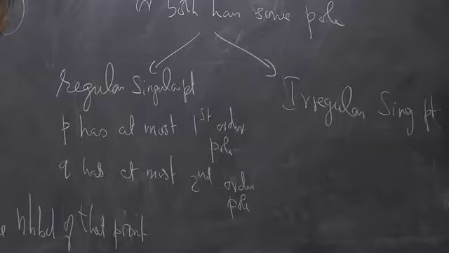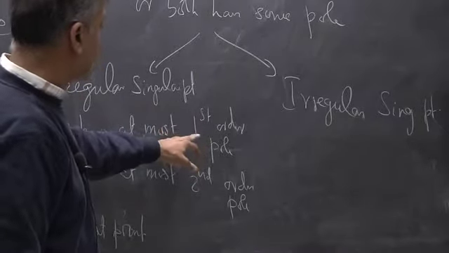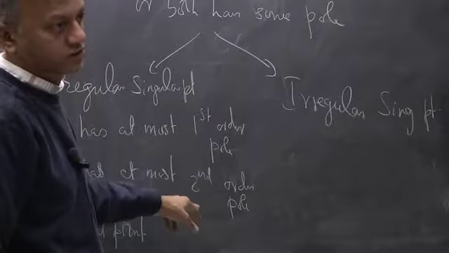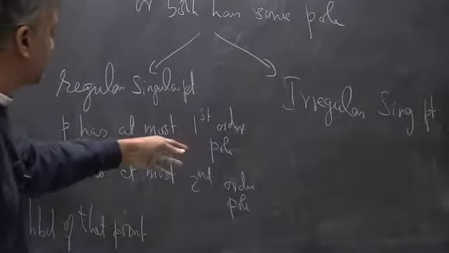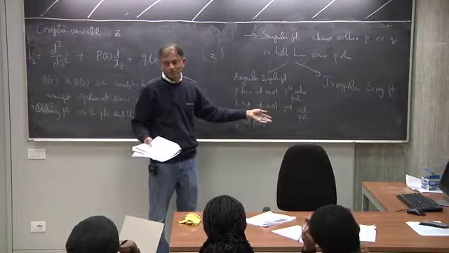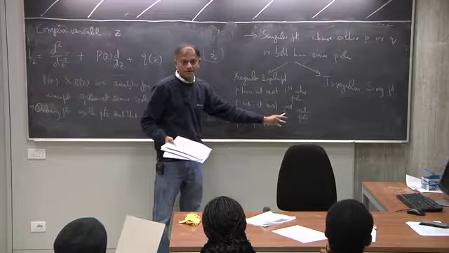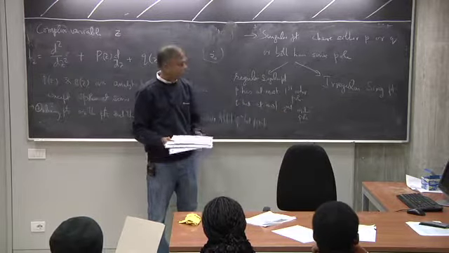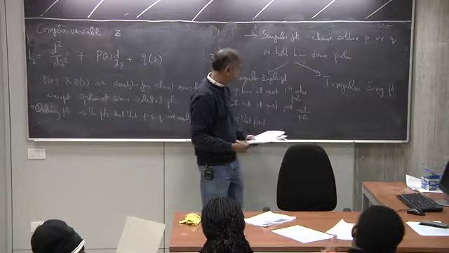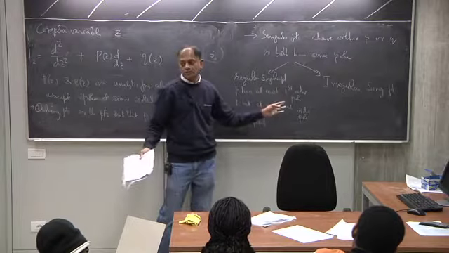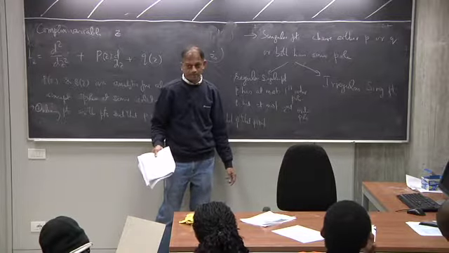Any point which satisfies this condition, that p has at most a first order pole and q has at most a second order pole, you call it a regular singular point. The fact that it's a singular point says that at least one of them must have a pole, p or q. But what it is saying is that the order of the pole cannot be greater than 1 for p and cannot be greater than 2 for q. Otherwise, if this is not satisfied, then you say it's an irregular singular point. So for example, if there is a point where p has a second order pole or q has a third order pole, that's an irregular singular point.